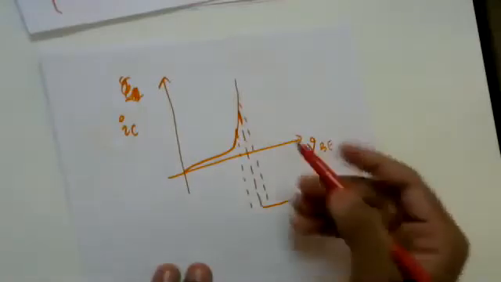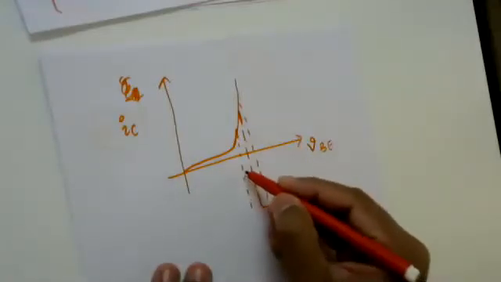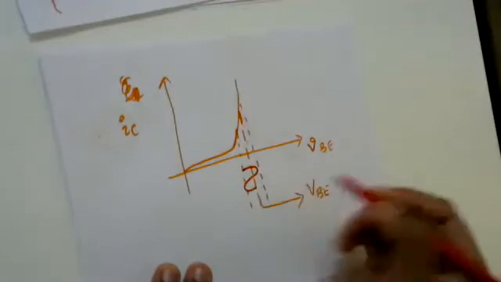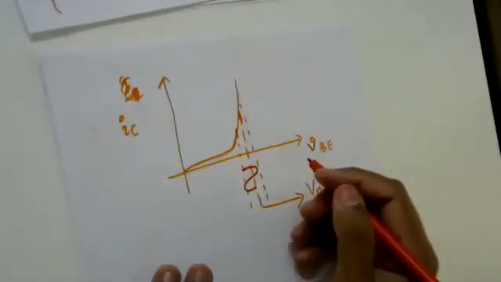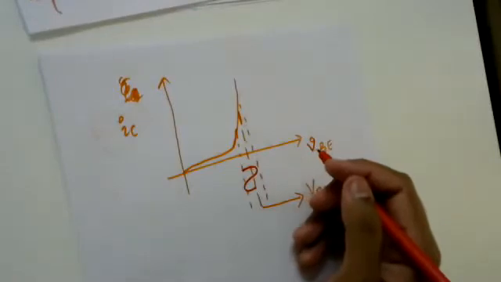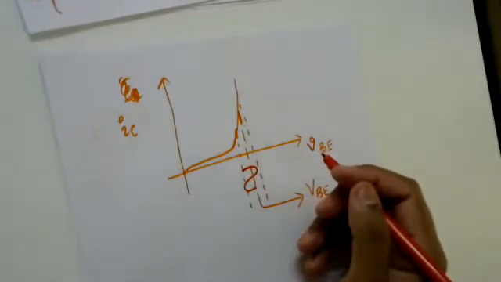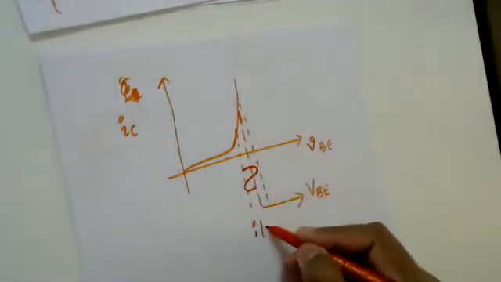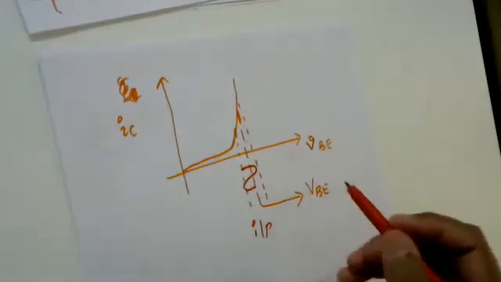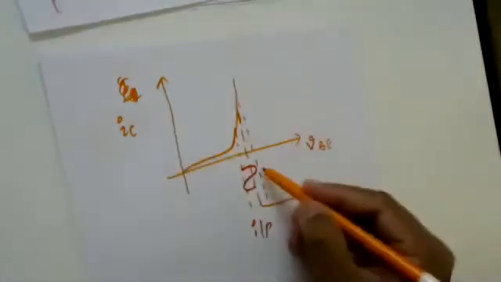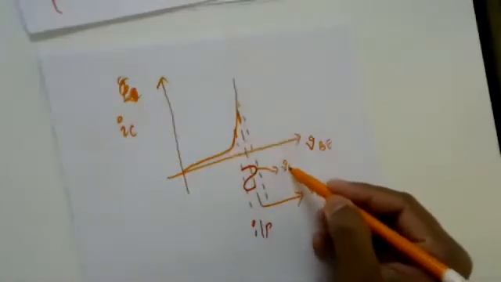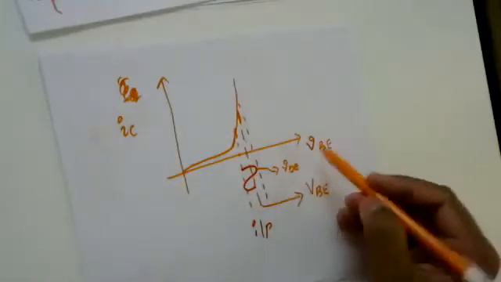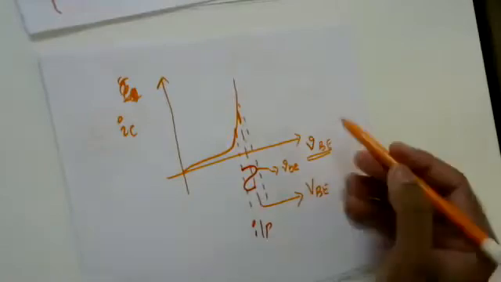Let me say that my signal is somewhat like this. If I project it, this is my input signal. This AC signal represents small vbe. Combined, this is your VBE, the equation that you're able to write.